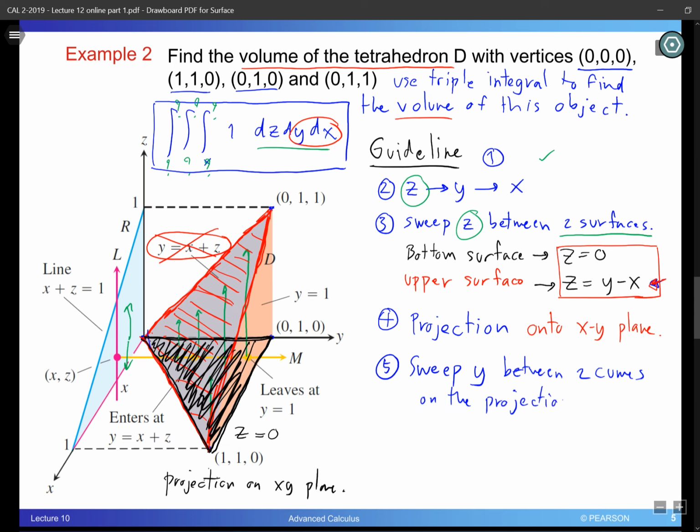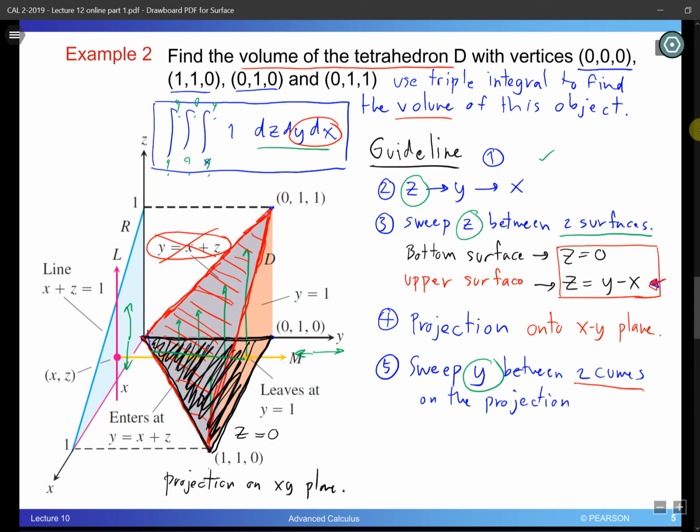We are going to focus ourselves on the projection now, so we need to find the two curves. We are supposed to sweep y. Think of this: y is going to move right and left. So we are supposed to sweep y between two curves, as you can see here. Sweep y from this side to the other side across the whole region.